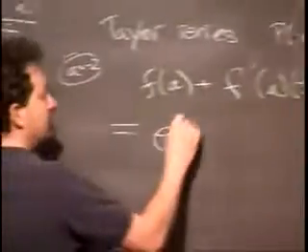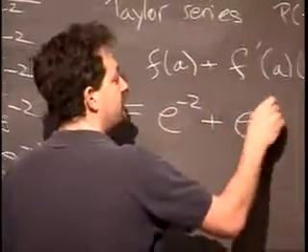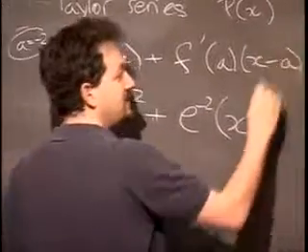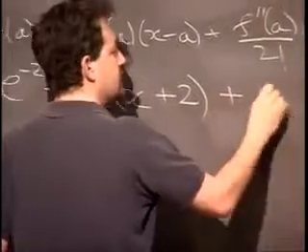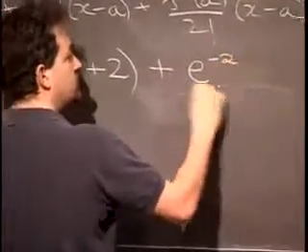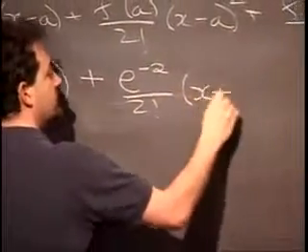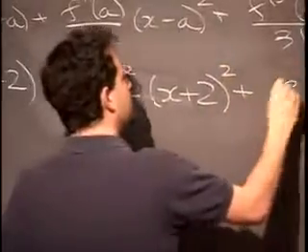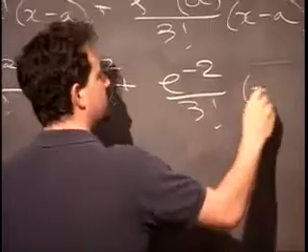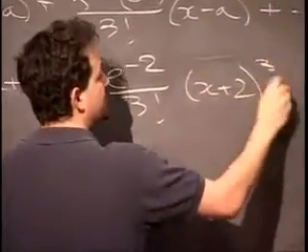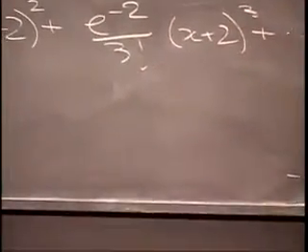So it's e to the minus 2 plus e to the minus 2, x minus minus 2 is actually plus 2, plus e to the minus 2 over 2 factorial, x plus 2 all squared, plus e to the minus 2 over 3 factorial, x plus 2 all cubed, and so on. And that's the Taylor series.